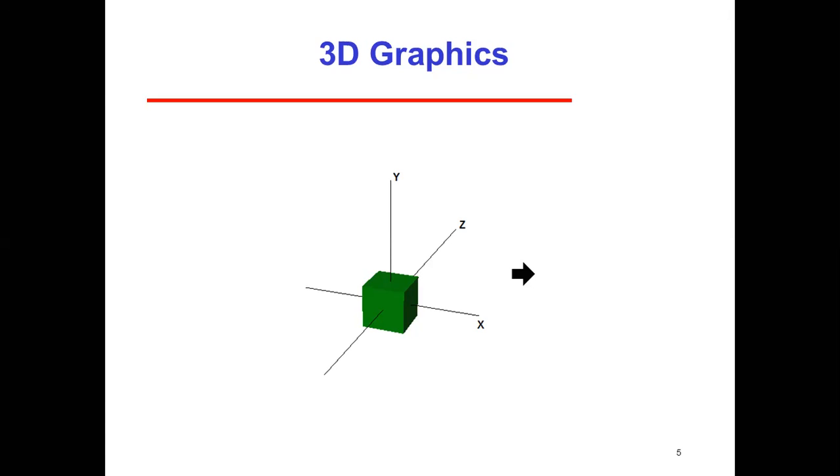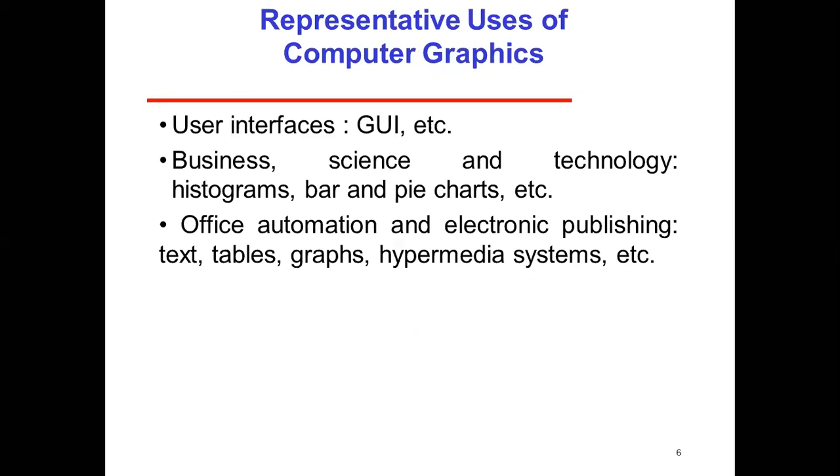Similarly, rotation of the object, and similarly, scaling of the object. We can apply any such type of movement around the x, y, z axes. Now the representative uses of computer graphics.